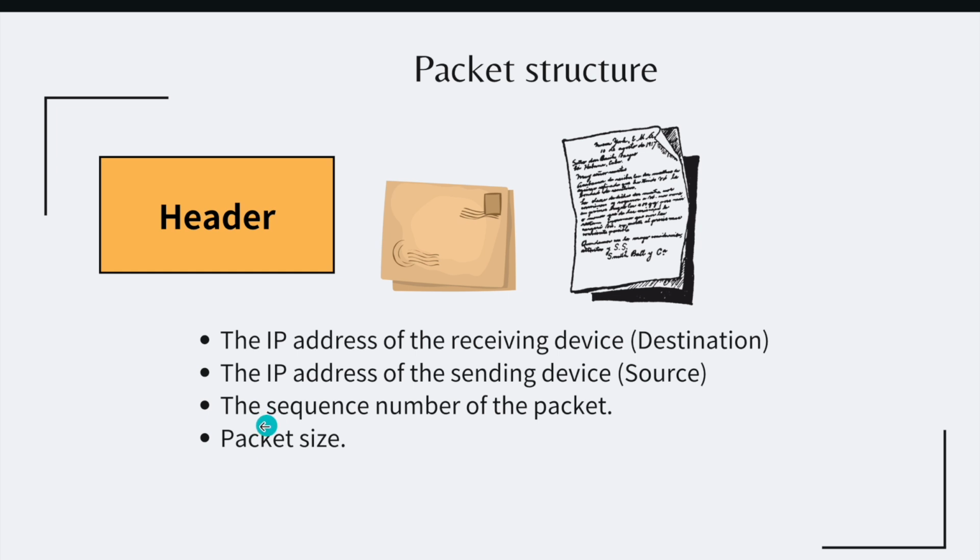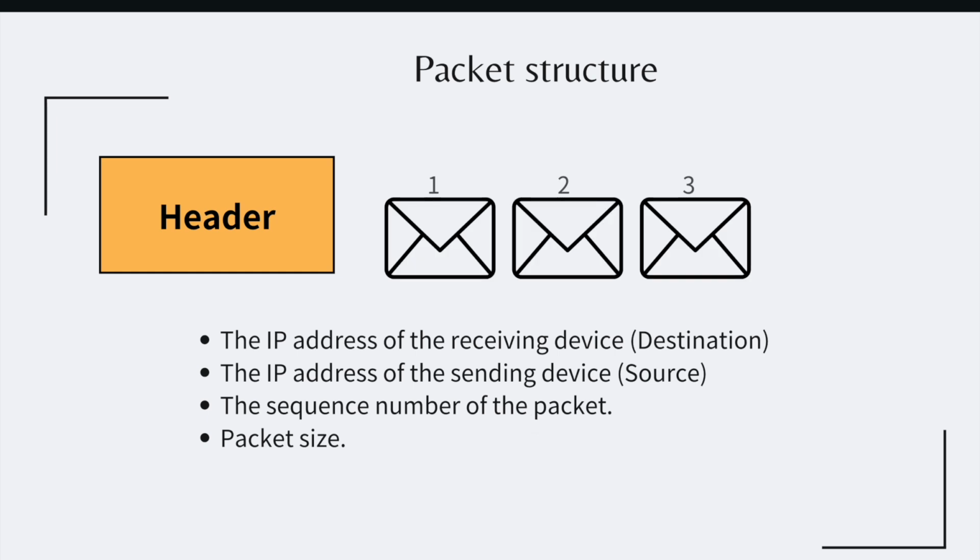The third is the sequence number of the packet. Imagine you are sending a series of letters to your friend. To make sure your friend reads them in the right order, you number each letter.